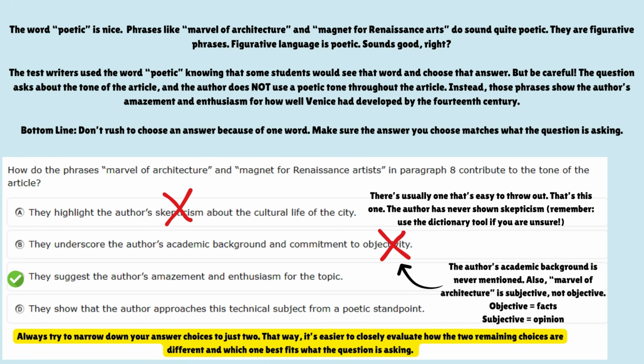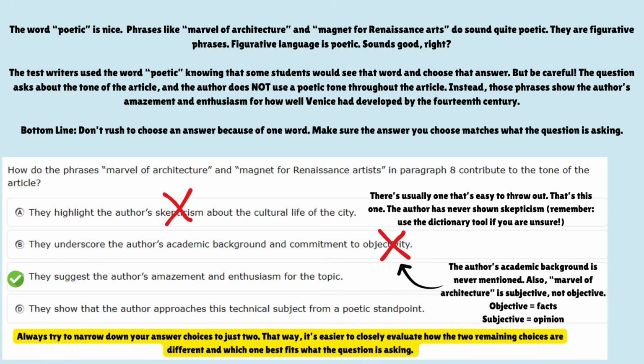Instead, we're left with C. Those phrases clearly show amazement and enthusiasm, because if you are not amazed about a topic, if you're not enthusiastic about a topic, then you're not going to use words like marvel or magnet for artists. Those phrases clearly show amazement and enthusiasm. And amazement and enthusiasm, it is a recurrent tone throughout the article.